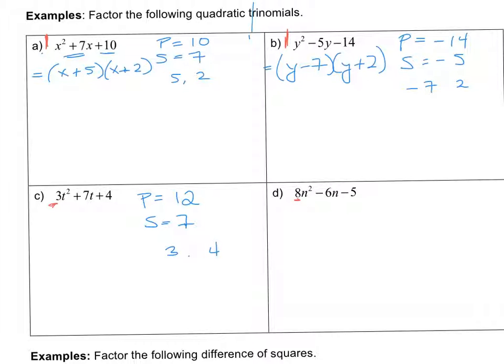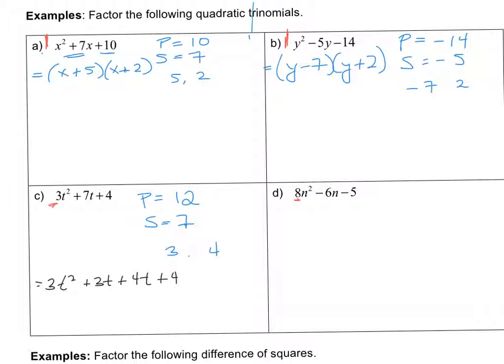Now, here's where the tricky part comes in. You absolutely cannot go right to the brackets. Instead, what you have to do is split the middle term, or decompose this middle term. So it starts like this: 3t squared plus 3t plus 4t plus 4.